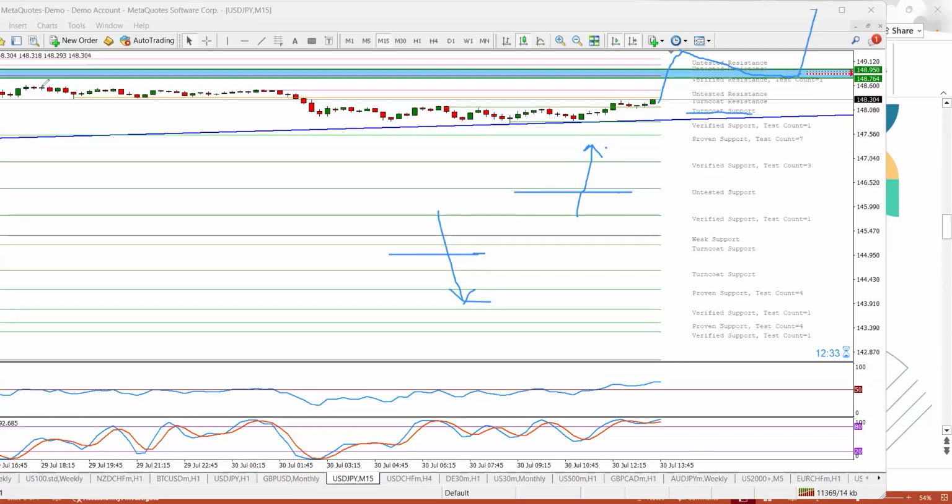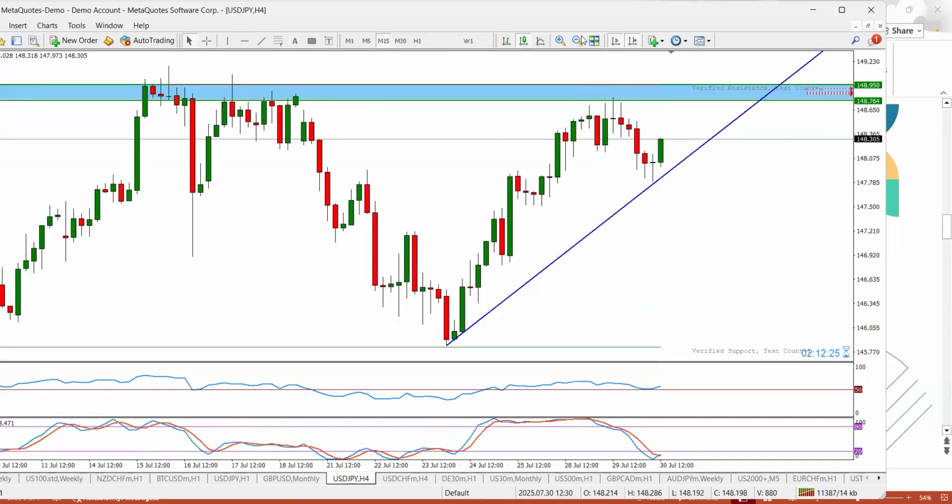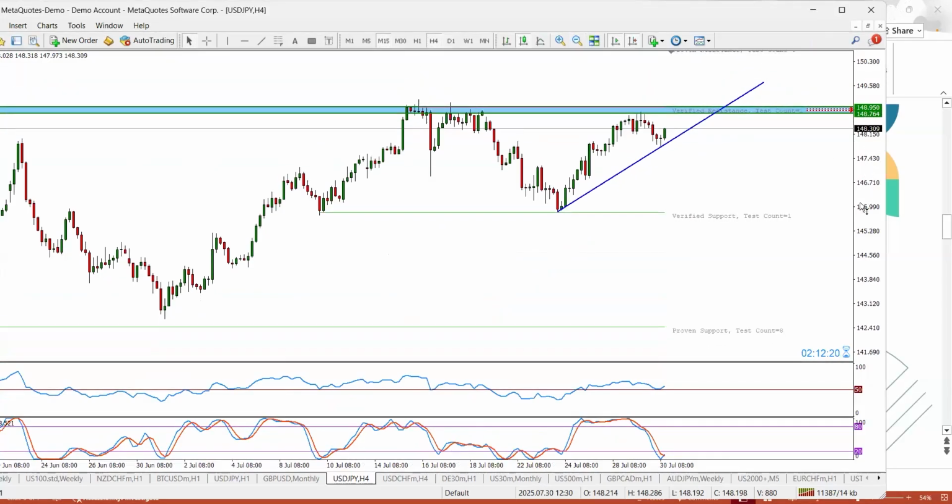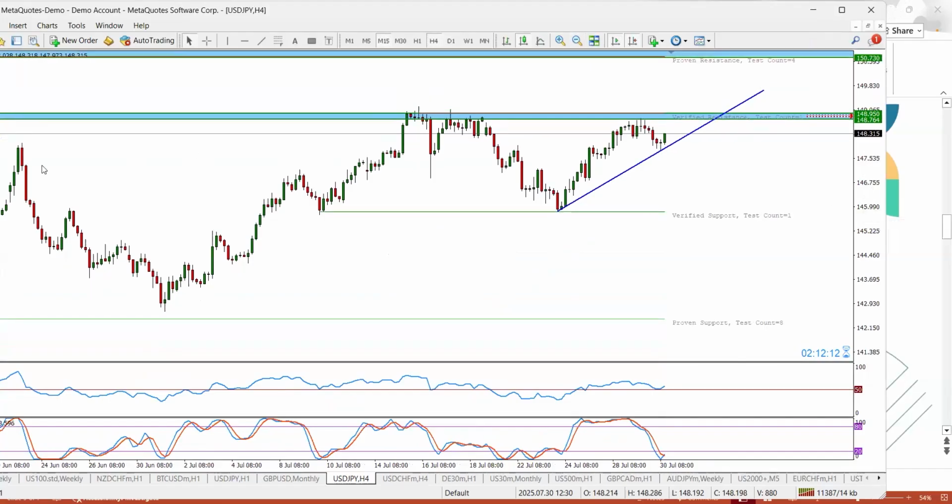Also, there's one very simple principle in trading. What is the principle? You want to be buying at support and you want to be selling at resistance. Always look to buy at support and sell at resistance. If this thing should break here, if you are buying here, you are not buying at support.